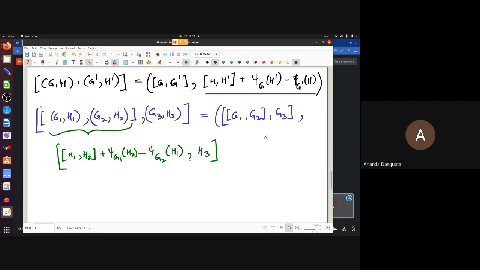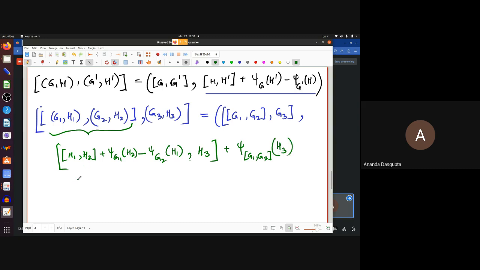But that's not all. You have to do this. So what will this term become? Psi g. What is the g for this? G for this is g1 bracket g2. And h for this is just h3. H prime is just h3. So what will this be? This will be psi g1 bracket g2 h3.